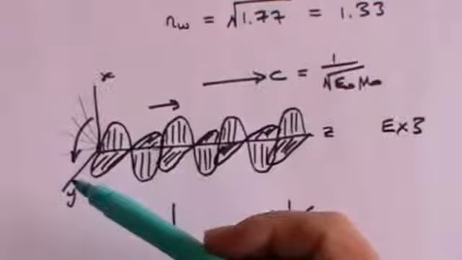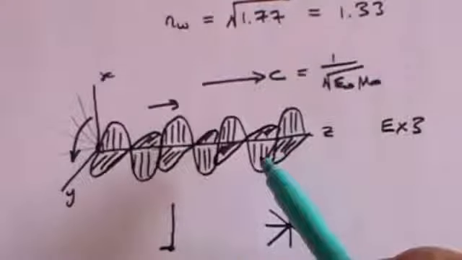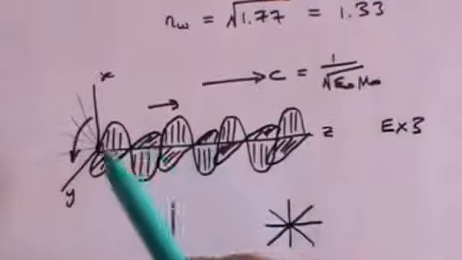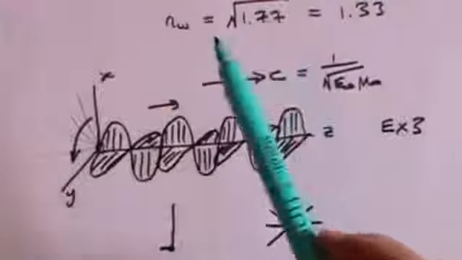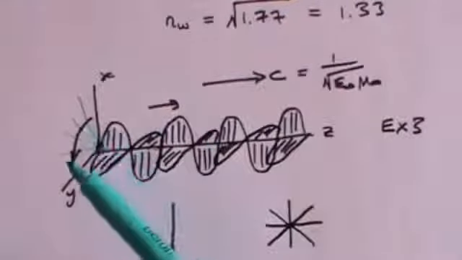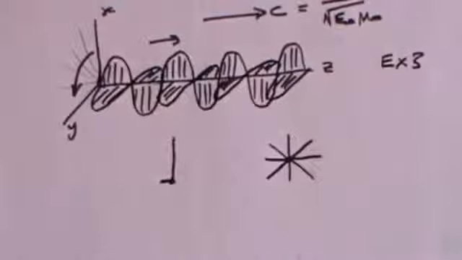It cannot oscillate in the z direction because it must oscillate perpendicular to the direction of travel. If the direction of travel is the z direction, then the only way it can oscillate is somewhere in that xy plane. And of course the waves will oscillate in all directions.